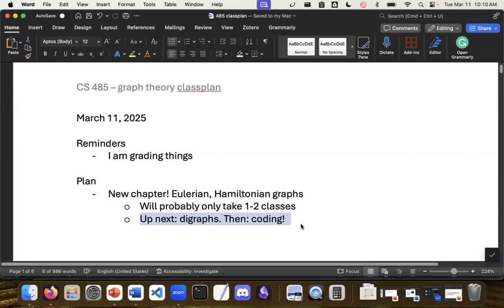Once we know some properties of graphs and their structures, we can look at how to use those. That's kind of the plan. I might decide to put things between digraphs and coding, if we want to look at more properties before we get there. So this is subject to change, but that's the general plan. We are getting to coding, I promise.